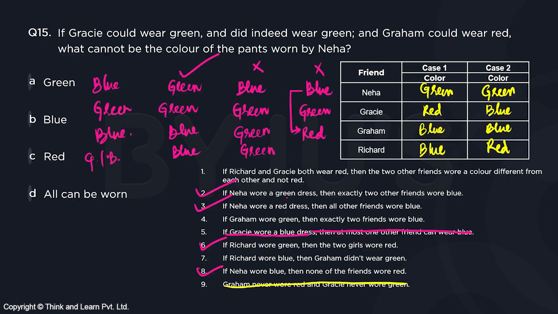So the statement if Richard wore green tells us that Richard can't wear green. Richard has to wear blue only. Now, Richard and Gracie, there is no red color. So the first is done. Richard wears blue, then Graham didn't wear green. So blue, green, blue, blue is also acceptable.